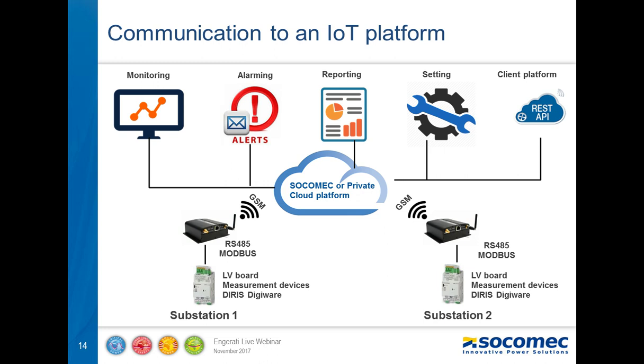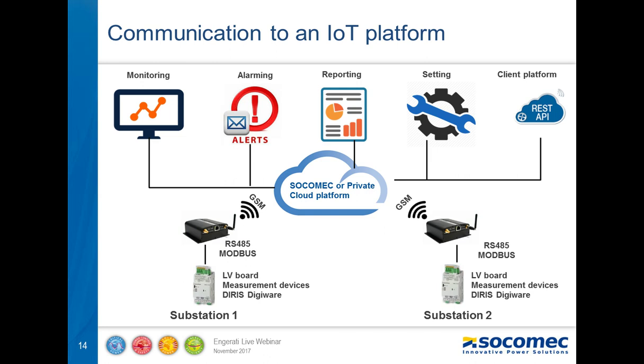Now to come back to the architecture, we can see today that the gateways in the substations are becoming connected to a cloud or to an IoT platform to have simple monitoring, alarming, reporting, and also automatic settings.